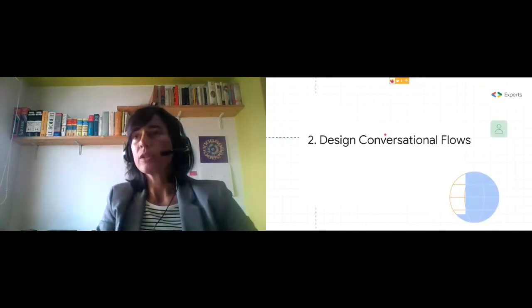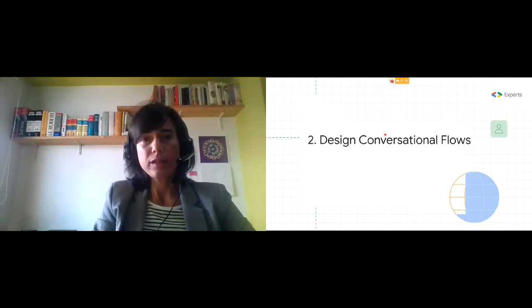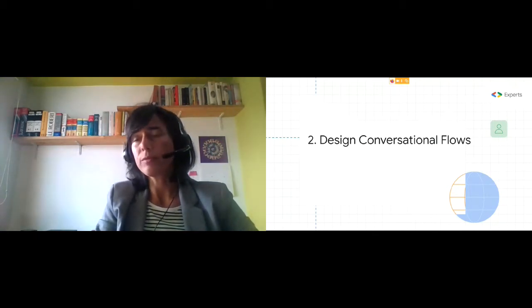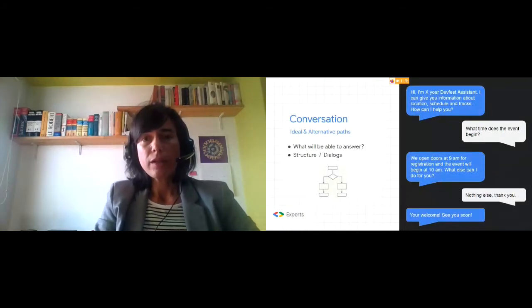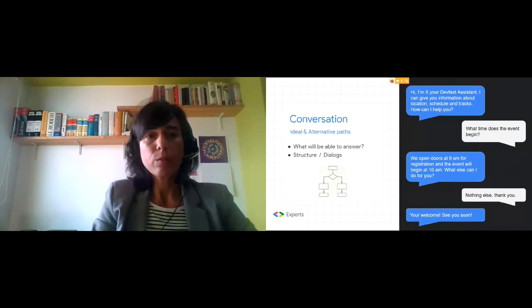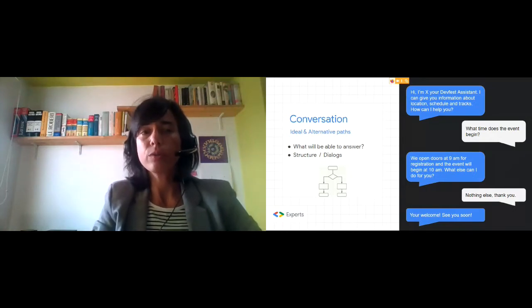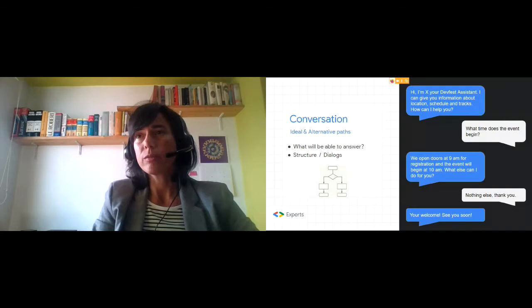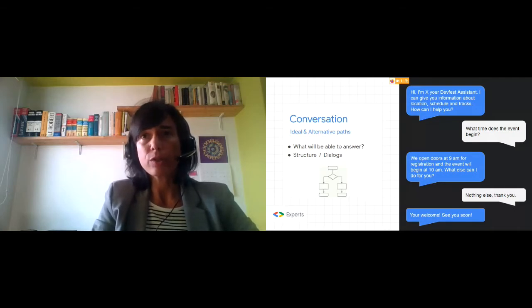Once we have the persona, the next thing is designing the dialogues. It's very important to have clear what our action is going to be able to answer. We have to define the reach of the conversation, and also make this clear to the client or the user, so they are not asking for other things that our action cannot answer, because otherwise the user is going to get frustrated.